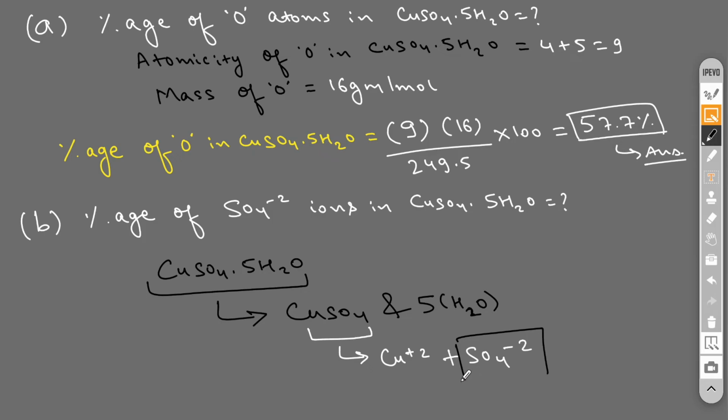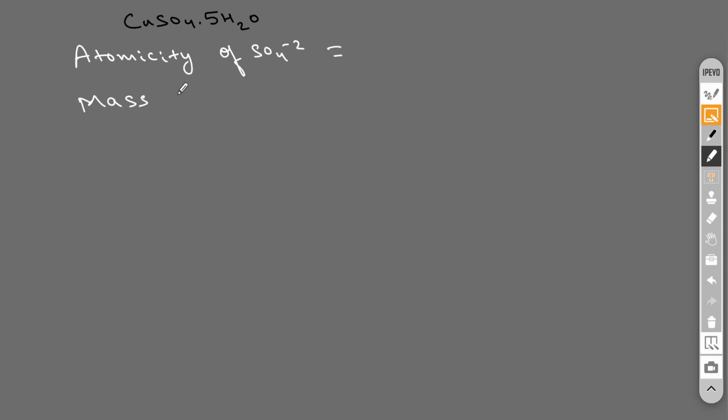So for this SO4 minus 2 ions, we have to calculate the number of ions. Now moving further, we will write CuSO4.5H2O. Here atomicity of SO4 minus 2 and mass of SO4 minus 2. So we'll write the values. Atomicity here is 1 and mass of SO4 minus 2 is 32 for sulfur plus 4 times 16, which is 96 gram per mole, right?